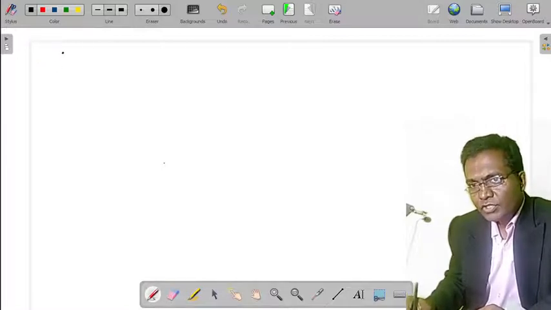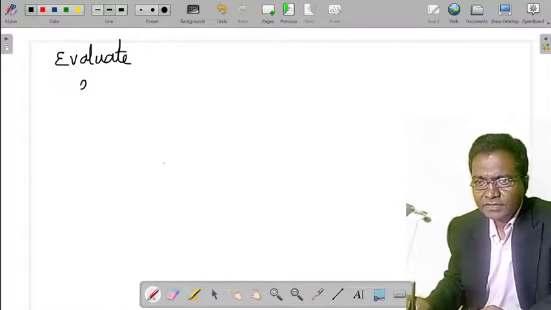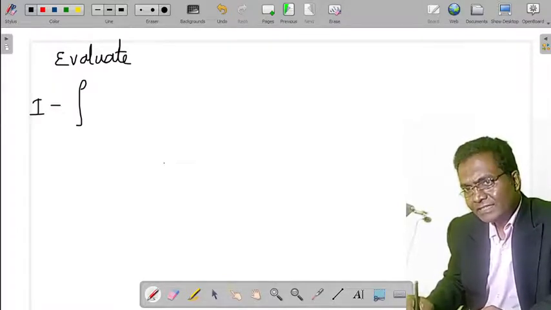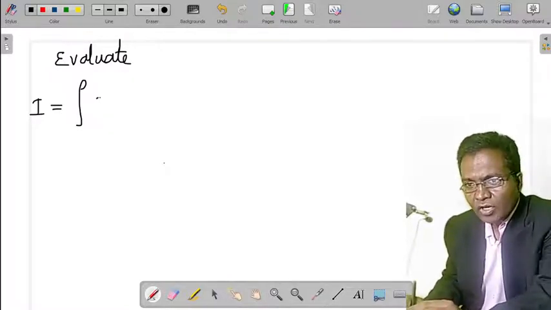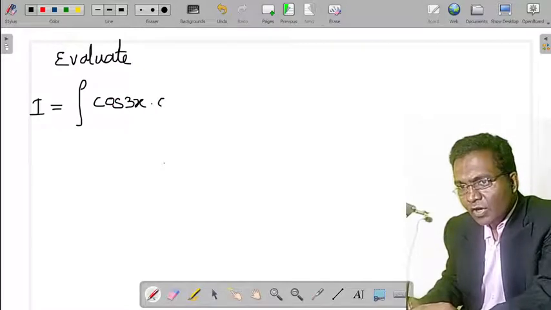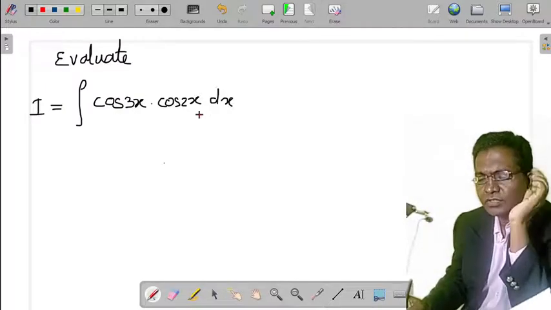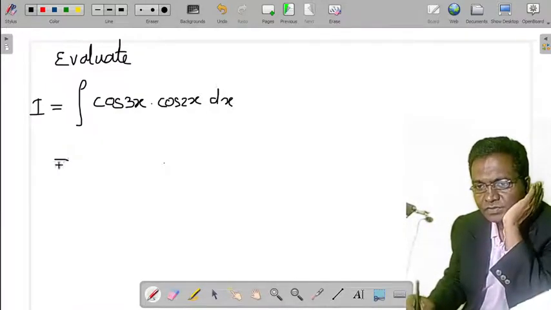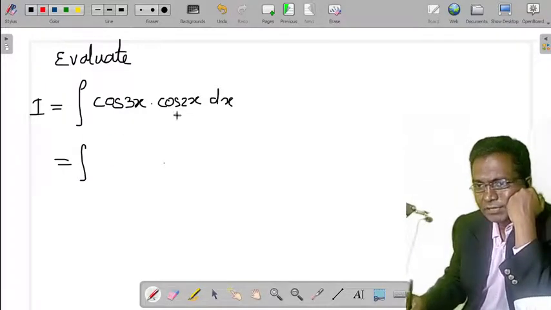Suppose you come across this. Evaluate the integration of cos 3x into cos 2x dx. Suppose you want to integrate cos into cos, now you can use the formula for cos A cos B. Let me write it.